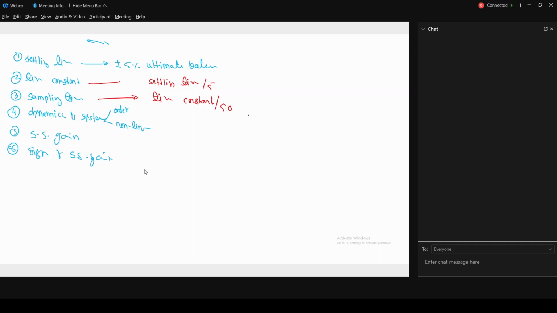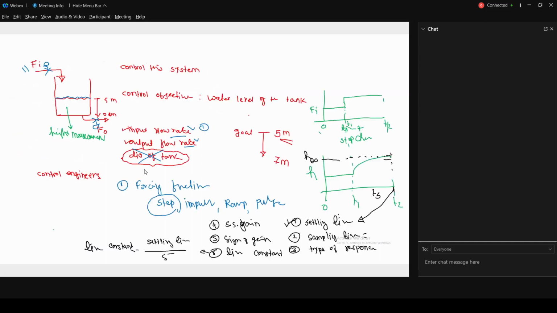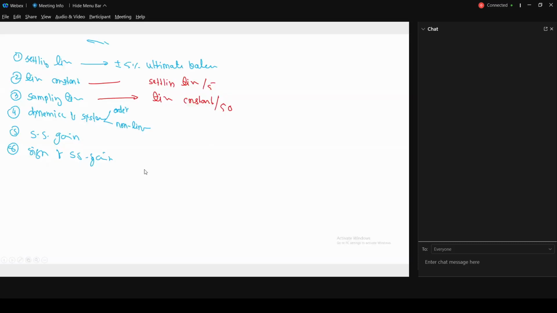Now, from this response, you also observed that the response looks like a first order system. It does not have any other characteristics of the response, like going this way, or going this way, and it does not show this response.